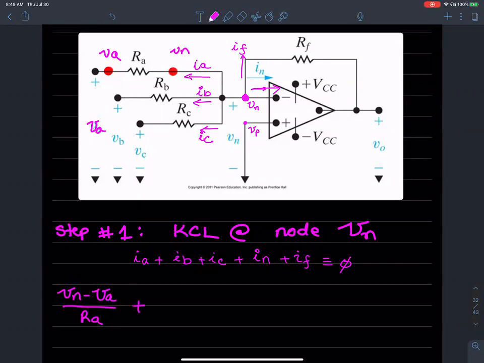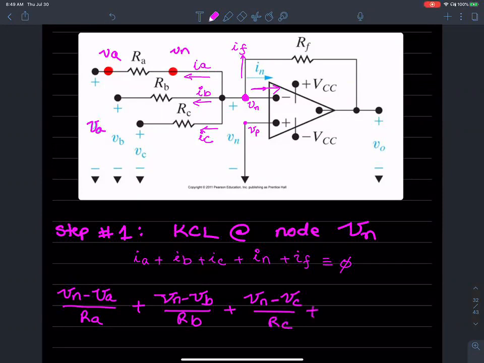Plus, what's the current IB? That would be Vn minus VB over RB. The same with IC as well, right? Vn minus Vc over Rc.